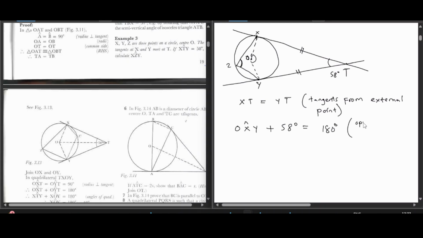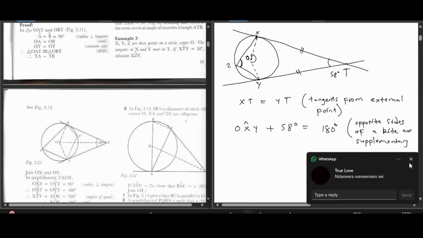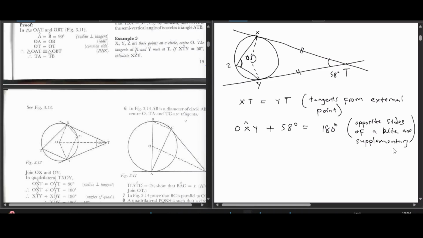Reason opposite sides of a kite are supplementary. That's the reason. Kana kuti add up to 180. You can pick your poison.